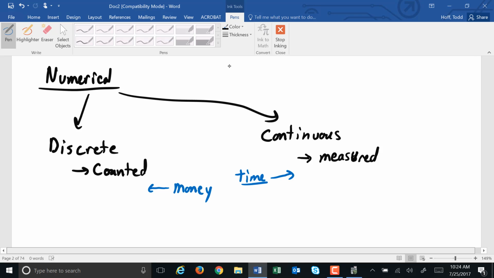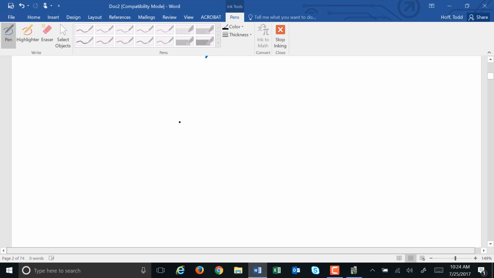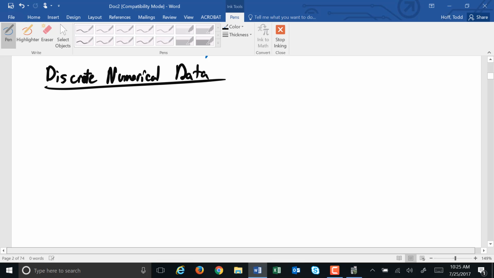So let's look at discrete numerical data first. For dealing with discrete numerical data, we might organize it in a frequency table.